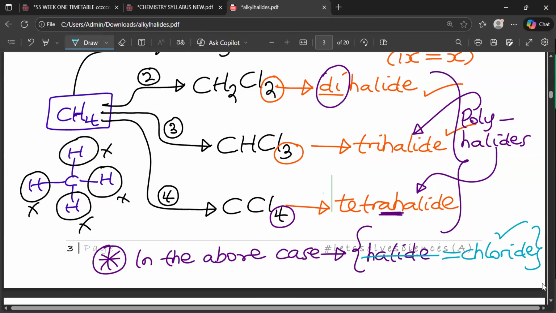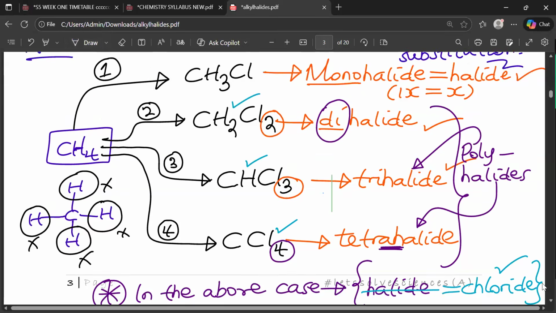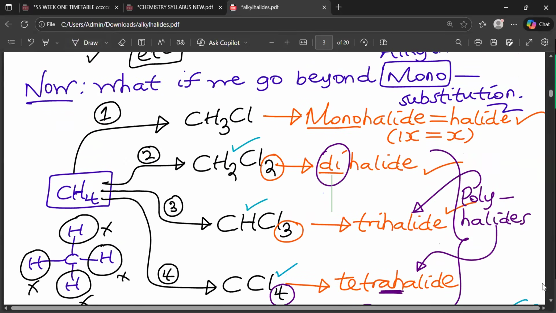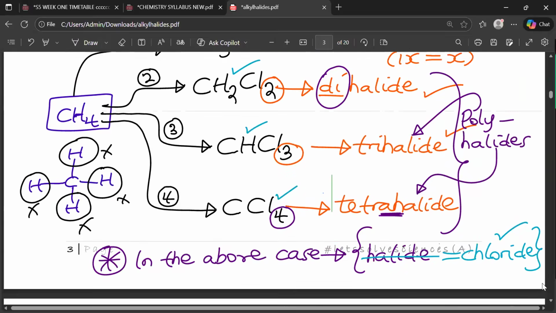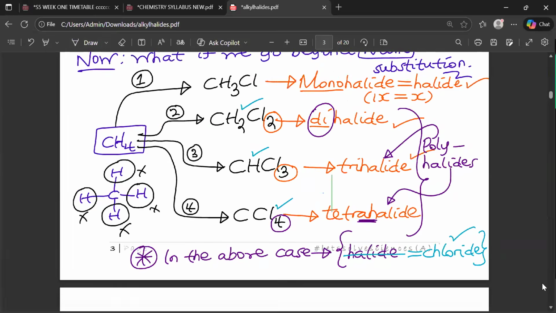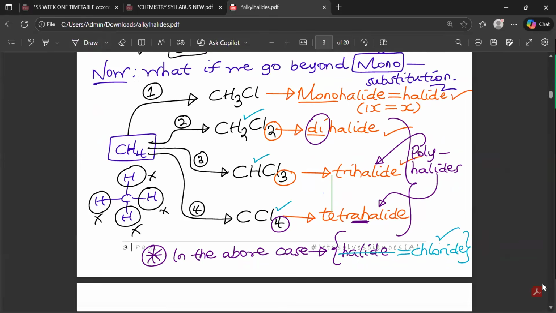What do I mean? Monochloride, chloride. Dichloride, trichloride, tetrachloride. That's why this one is called carbon tetrachloride, carbon trichloride, carbon dichloride, methyl chloride, like that. So what is this all about? The possible substitutions.